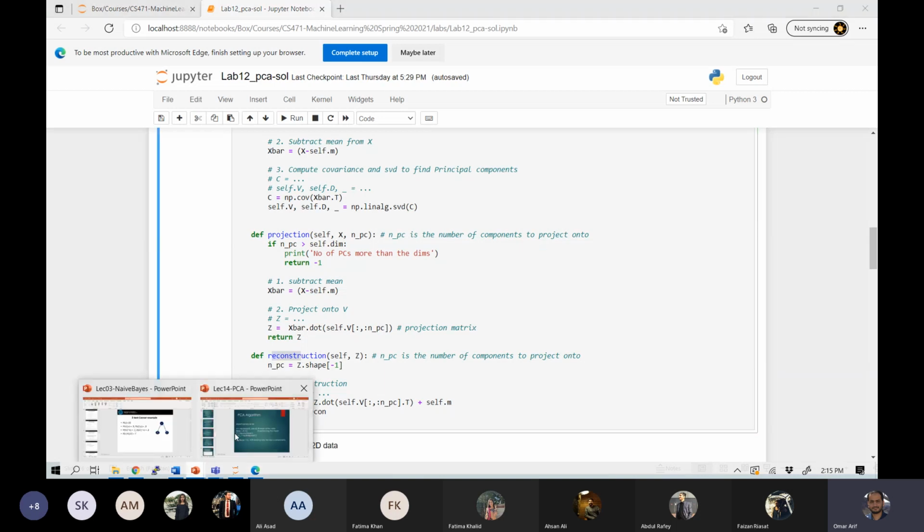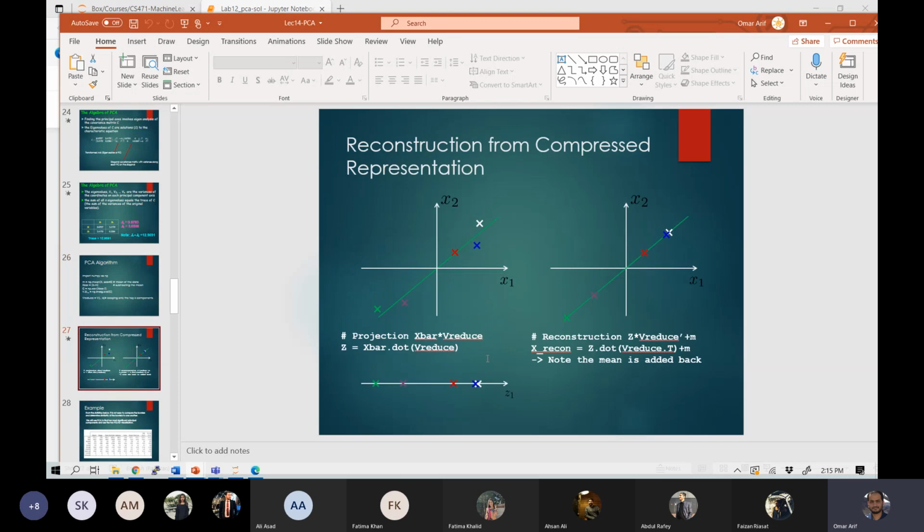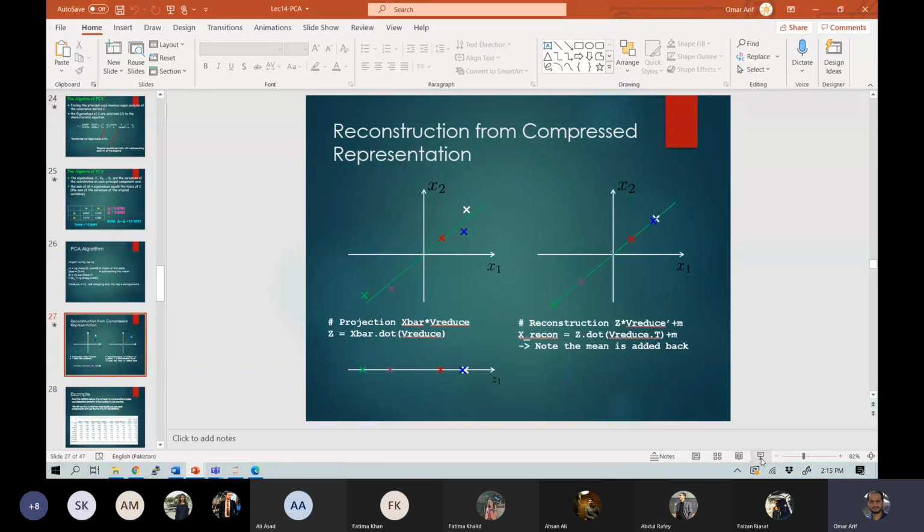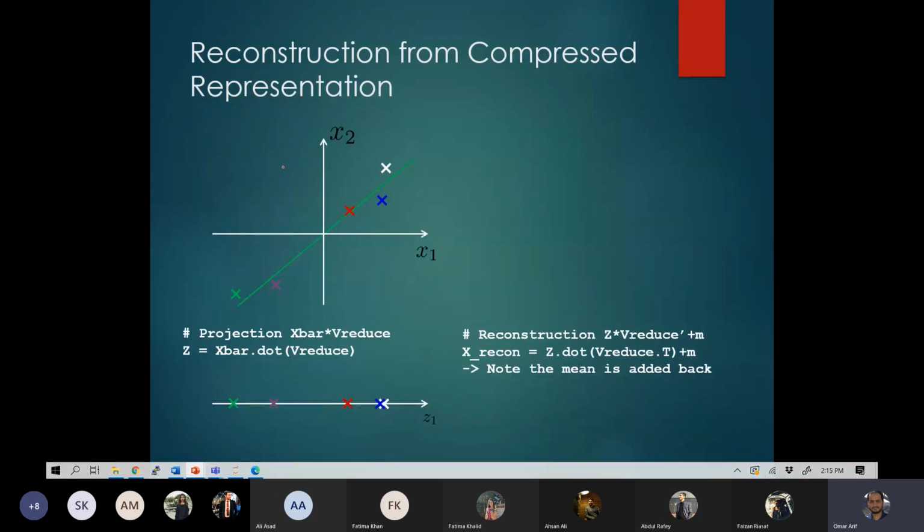So what do I mean by the projection and reconstruction? It is also described here in this slide that we discussed last time. So these are your data points, and the green ones are the rotated axes that you get from principal component analysis.